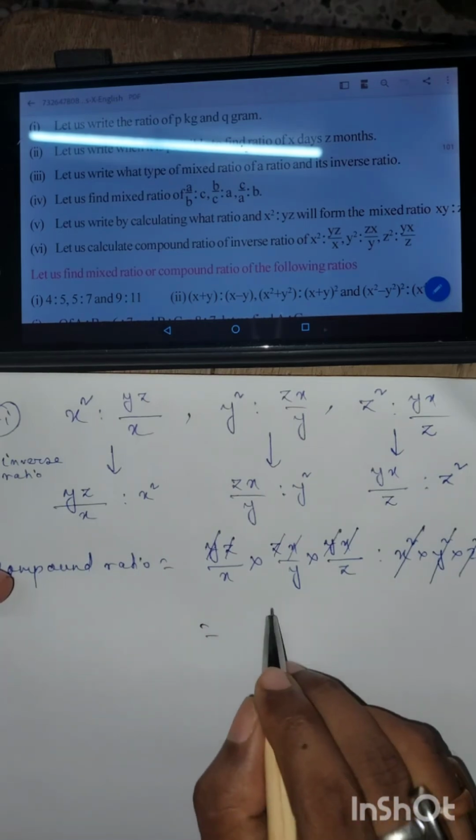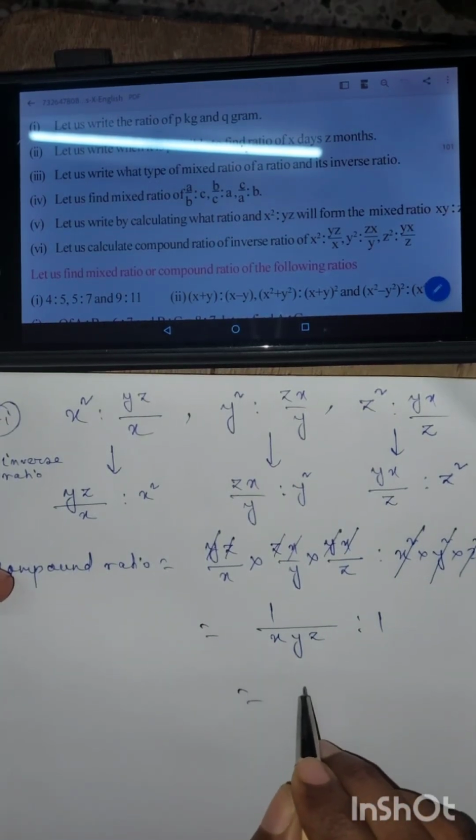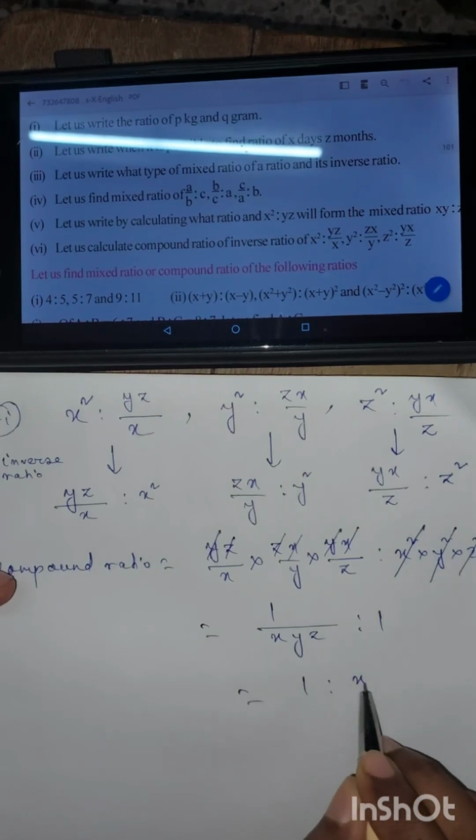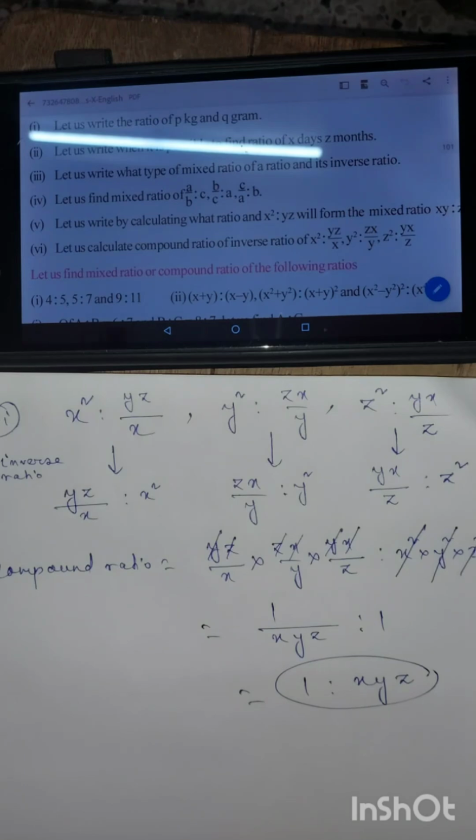So we are left with 1 by xyz is to 1, which is equal to 1 is to xyz. So this is what we are getting. So this is the value of the compound ratio.